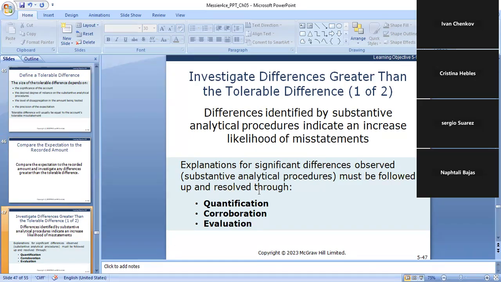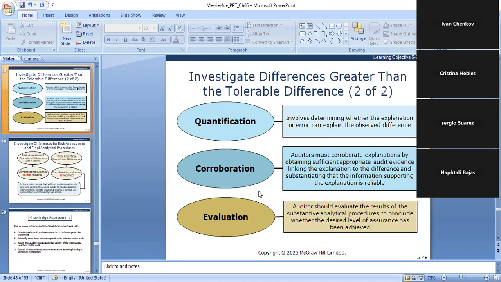Now we're going with different terminology. As you can see, it's getting heavier and heavier, but it's logical. The good thing is audit is logical. Yes, it adds new terminology, but at the end of the day, everything makes sense. Now, what's quantification?